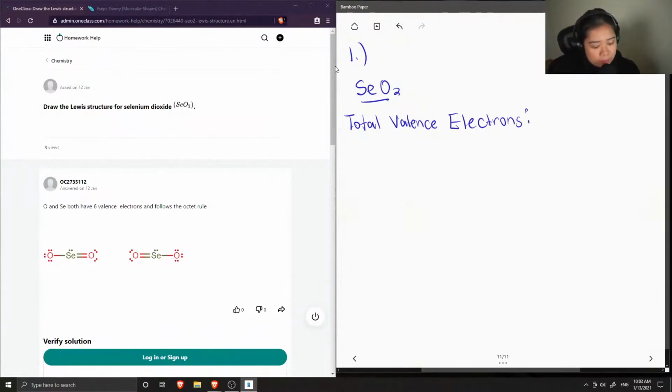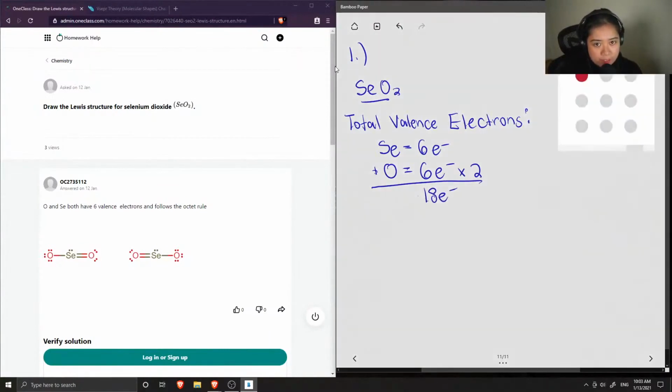Selenium has 6 valence electrons, and oxygen also contains 6. And there are 2 oxygen atoms, so we just multiply this by 2, giving us a total of 18 valence electrons.